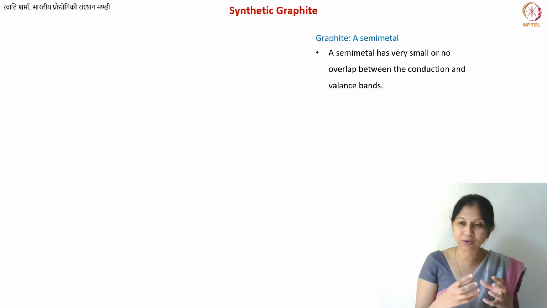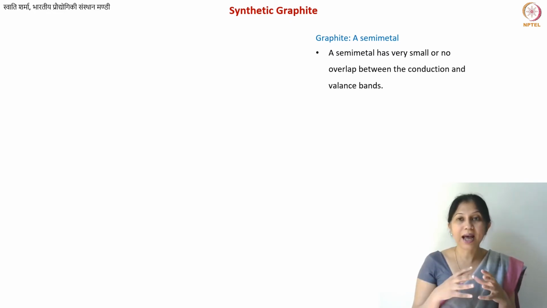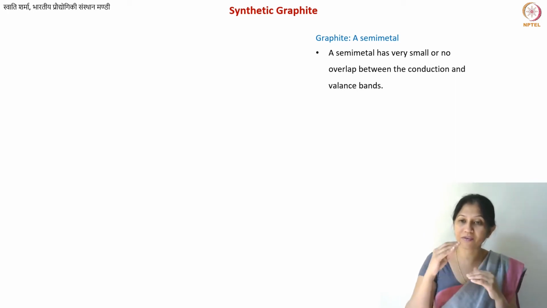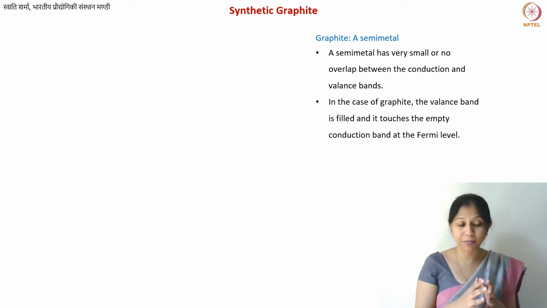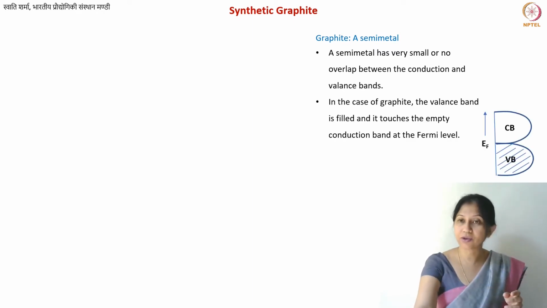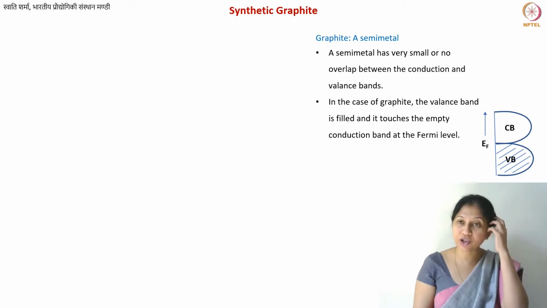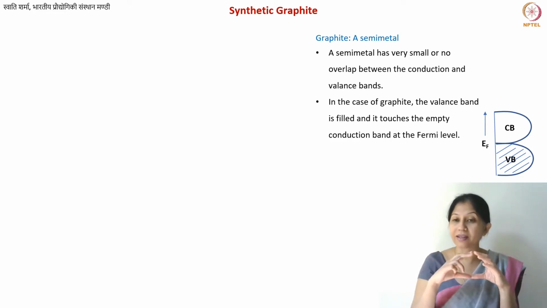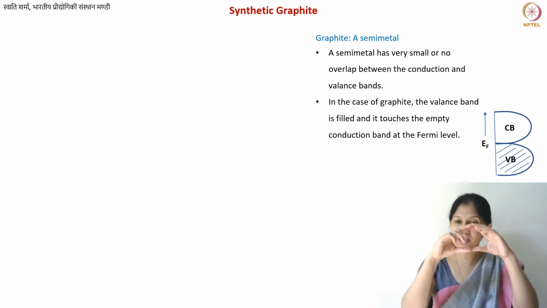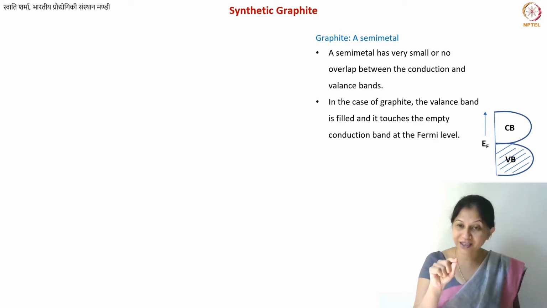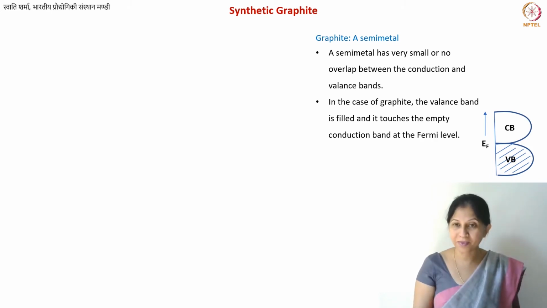Semi-metals are basically, if you see the band gap, they have either very small or no overlap between their conduction and valence band. So for example, in the case of graphite, you can see in this picture a completely filled valence band and an empty conduction band, but they touch at the Fermi level. So these kinds of materials are known as semi-metals.